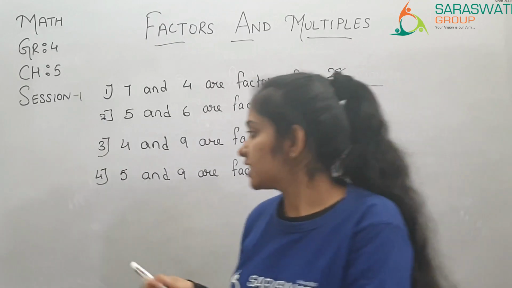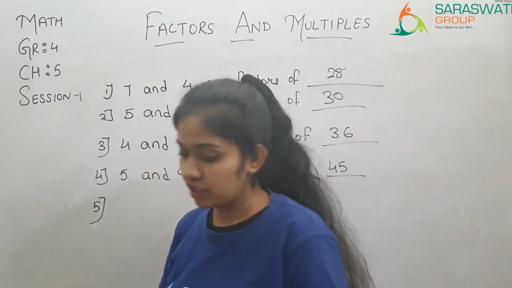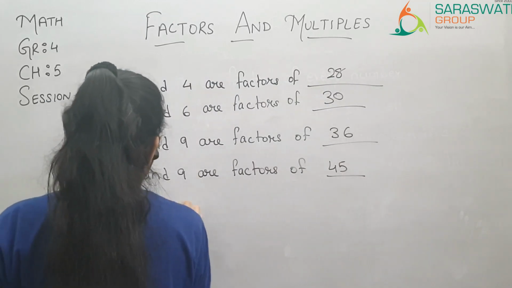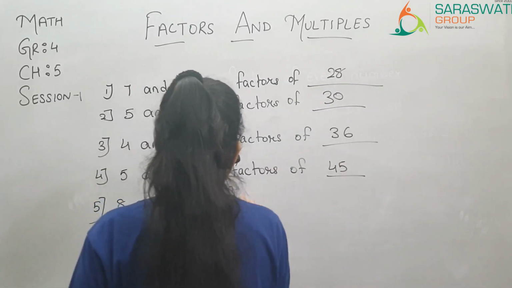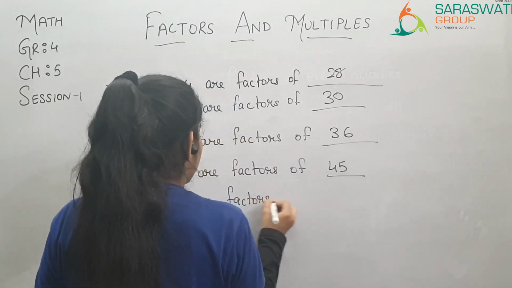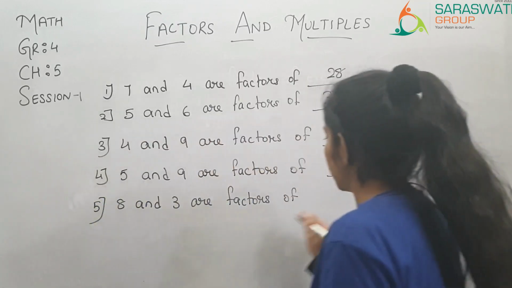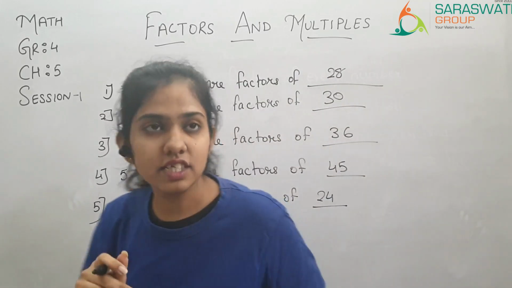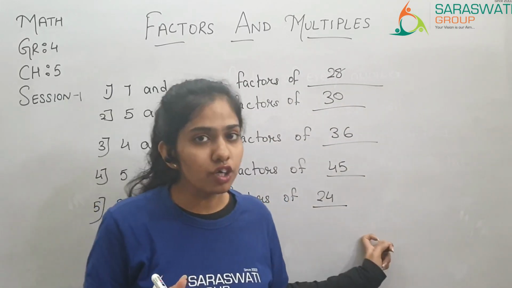Now the next one is 8 and 3 are factors of 8 threes are 24. So 8 and 3 are the factors of 24.